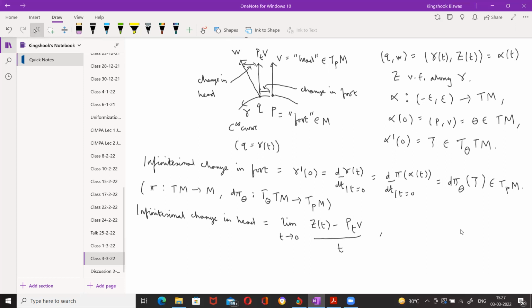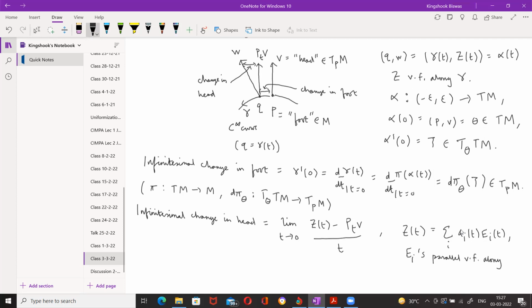Yes. Now what is z_t? If I write z_t with respect to a parallel frame along gamma, I can write this as the summation of a_i(t) e_i(t), where the e_i's are parallel vector fields along gamma.